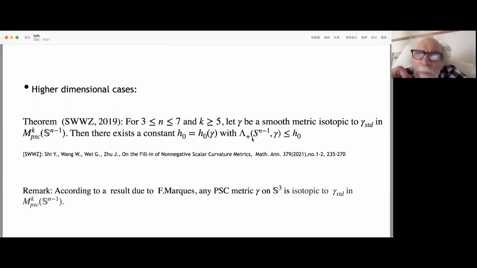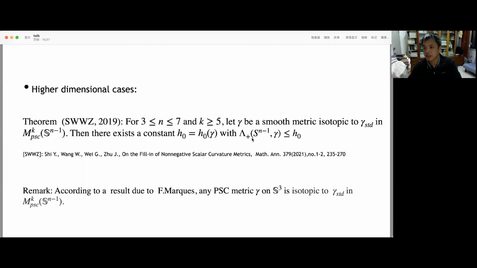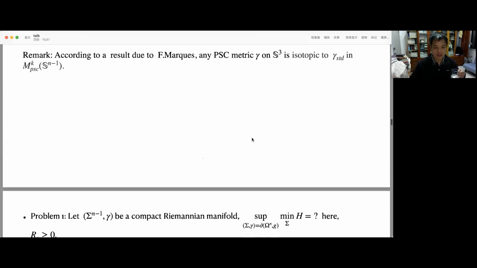Okay. Any questions? Because I use the argument of quasi-spherical metric here, we needed to assume positivity of mean curvature at the initial data.